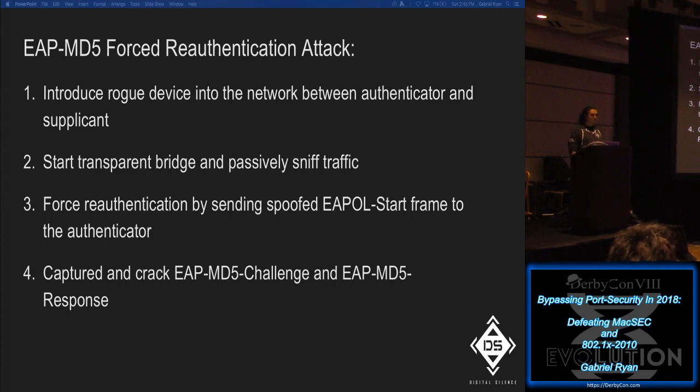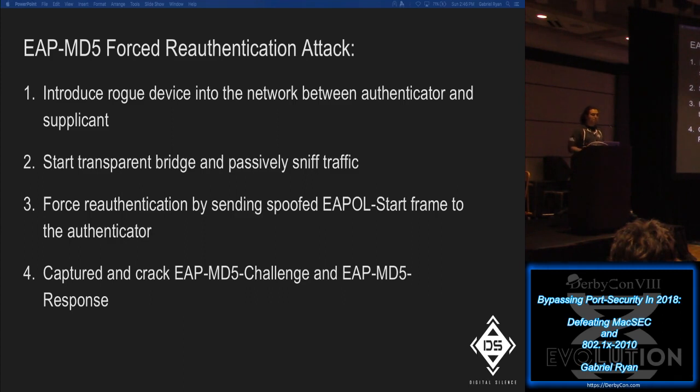We can revise our previous approach and dub it the EAP-MD5 forced re-authentication attack by doing as follows. We'd first introduce the rogue device into the network directly between the authenticator and the supplicant. We'd start the transparent bridge to allow us to passively sniff traffic. We'd force re-authentication by sending a spoofed EAPOL start frame to the authenticator. Then we'd capture the EAP-MD5 challenge and EAP-MD5 response, as well as the identity.